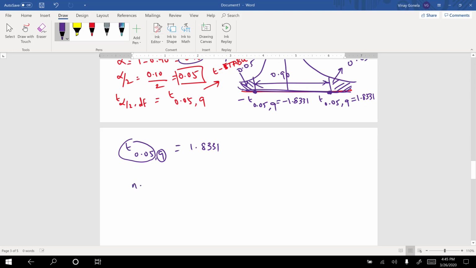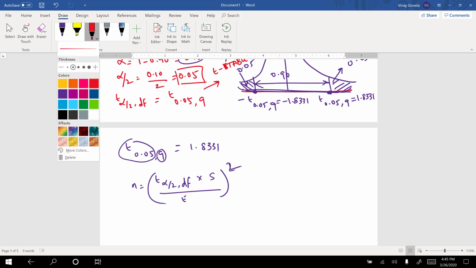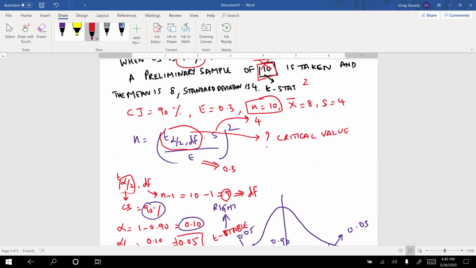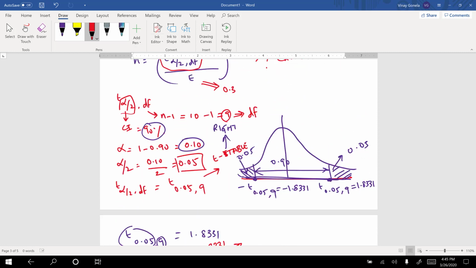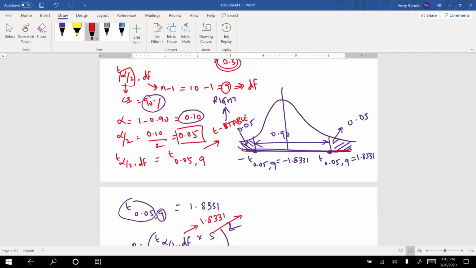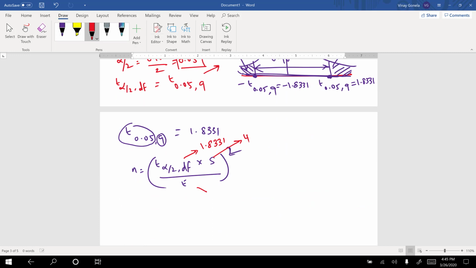Again, our formula is n equals T alpha over 2 degree of freedom times S over E, whole square. This is 1.8331, S is 4 and E is 0.3.